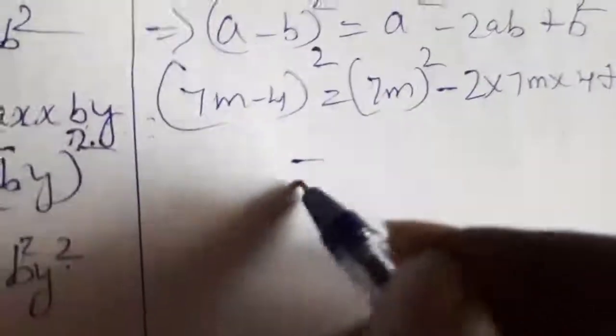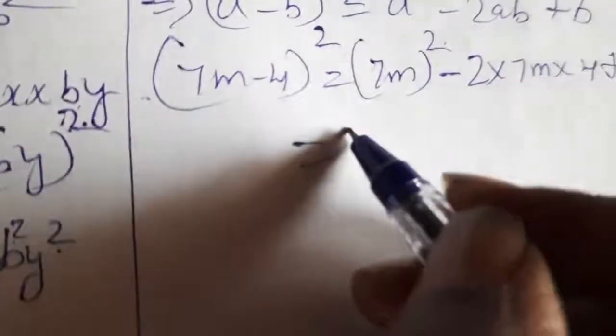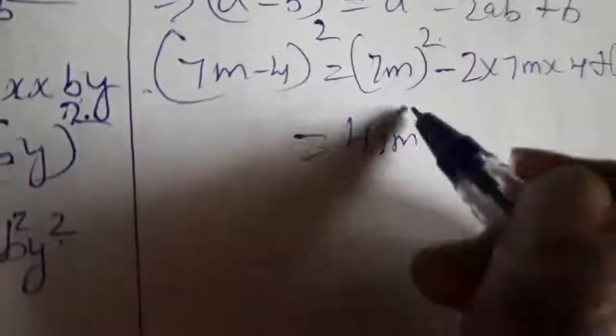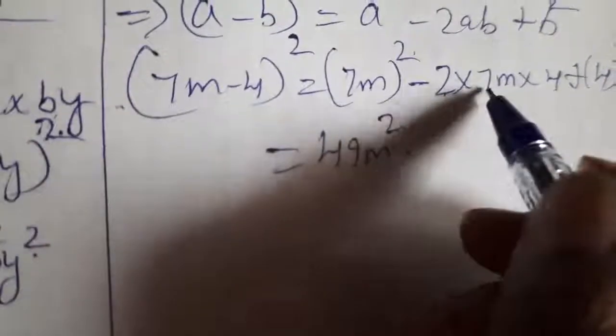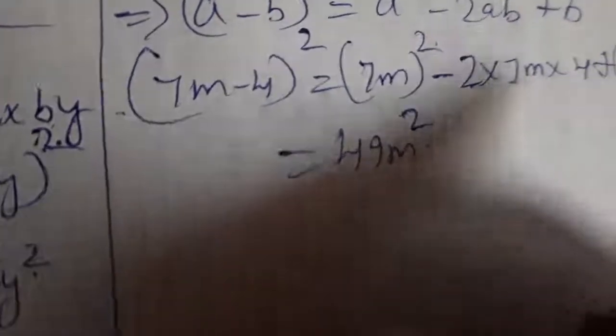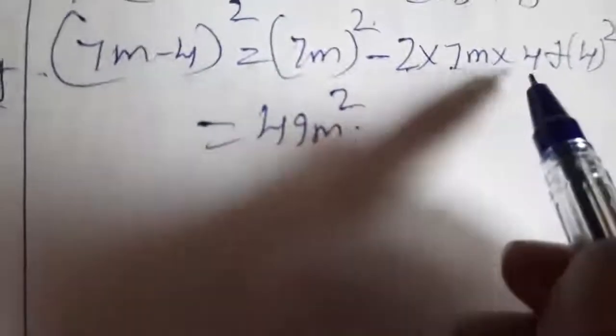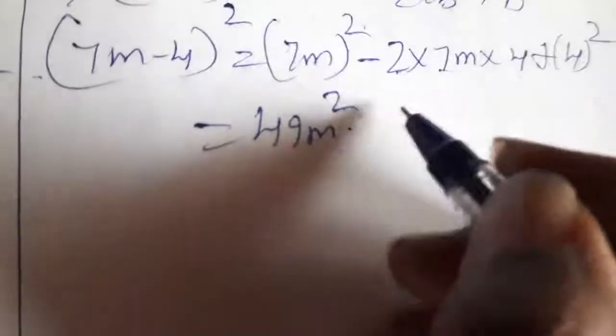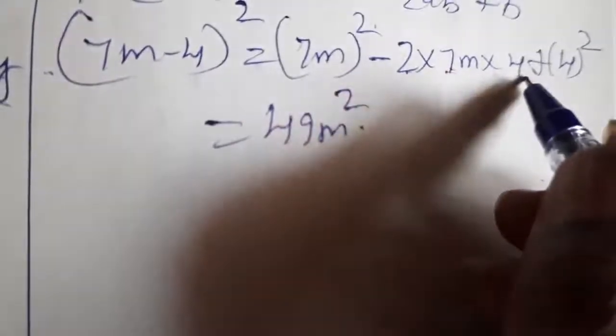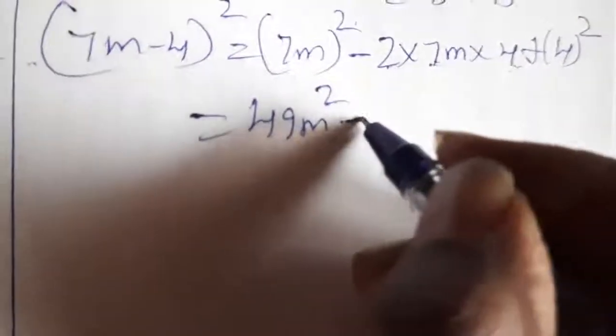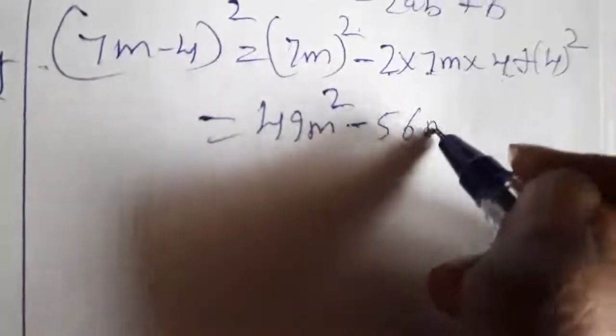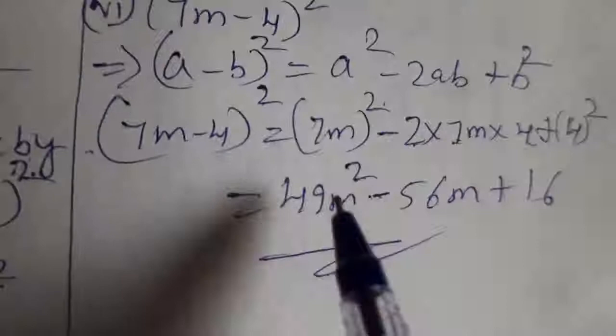So this is equal to (7m) square is 7 sevens are 49 m square, 2 sevens are 14, 14 fours will be how much, children? 7 fours are 28, 28 into 2 will be 56. So minus 56m plus 16, 4 square is 16. So is this clear?